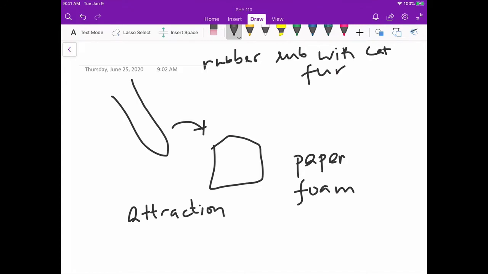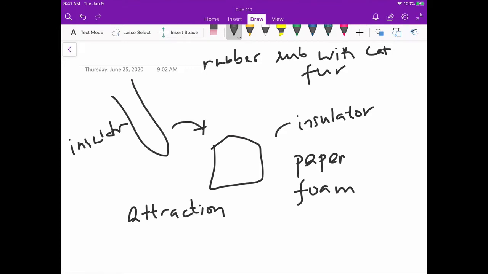The paper or the small foam material will be attracted. But you may wonder, well, this is an insulator, and this is an insulator as well. Those materials, you are bringing them close to each other, and then what's happening?